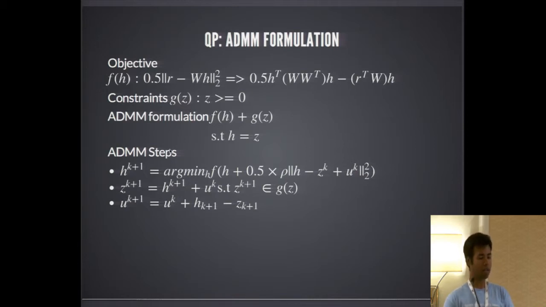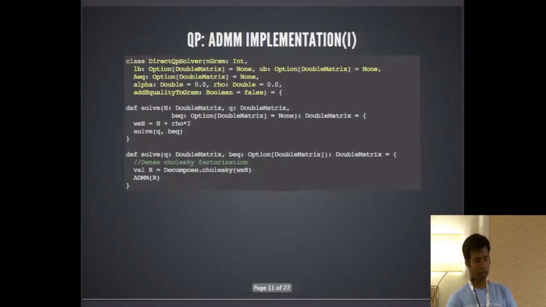And we are making an ADMM formulation, the standard consensus formulation, out of it. You can see that there are 3 steps. One is the step to optimize H, then Z^k, and the third step is the dual variable. These are the standard steps. You can look into the ADMM reference from Professor Boyd, and you can see these in action.